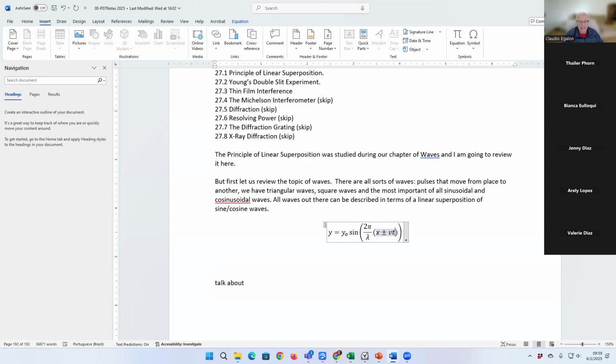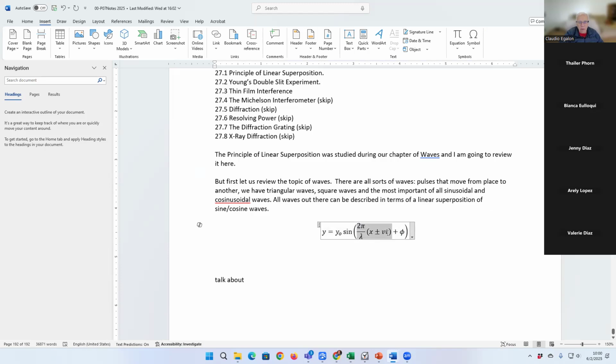Can you remember that? And sometimes we also have a phase phi here for the wave. Something like that. Okay. Can you remember that? x plus or minus vt, right?